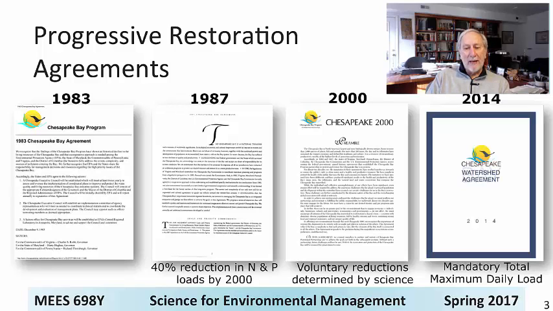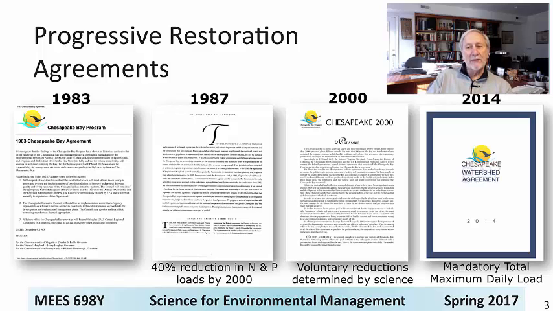The challenge in the 87 agreement was supposed to be achieved in the year 2000. It wasn't. So there was a new agreement in 2000, a very comprehensive agreement that included lots of things that we agreed to do. But it did not have specific numerical load reductions; it said we're going to commit to those, as determined by the best scientific analysis that was completed a few years later.